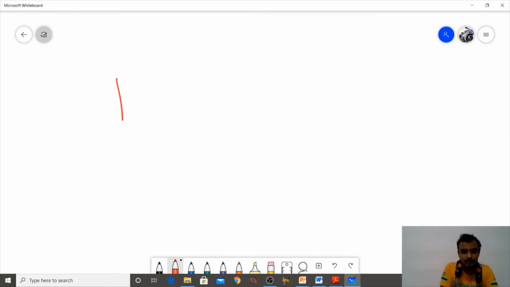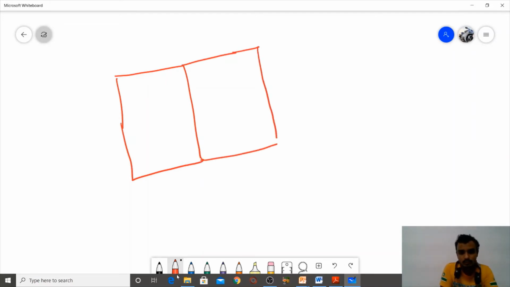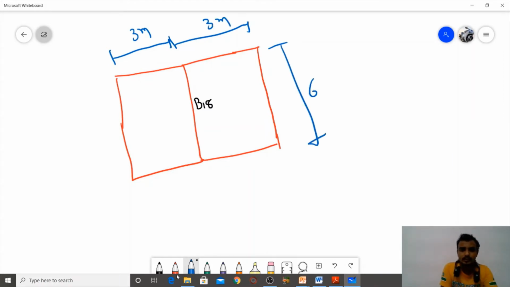Here is beam number 80: the length is 3 meter, here 3 meter, and here 6 meter. So for beam 80, our load is divided by this one-way slab.